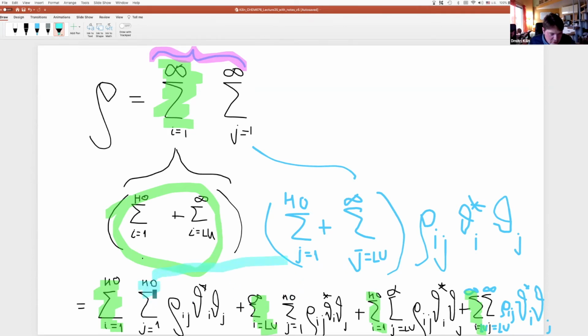So we are opening brackets, and by opening brackets we have 4 terms. The main idea is that we need to account for occupied and unoccupied orbitals separately. They will bring us different contributions, right? Based on this, we chopped our limits of summation.